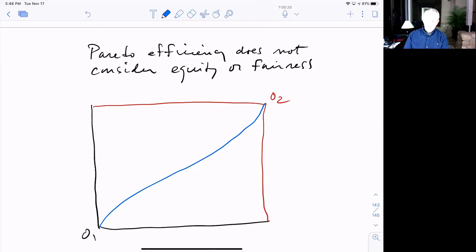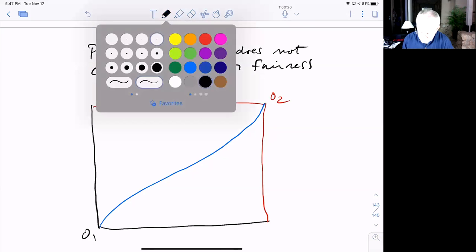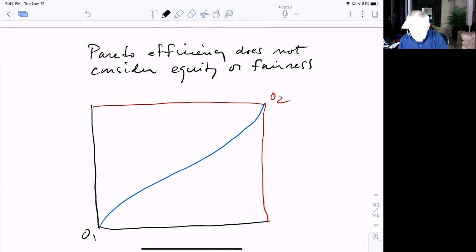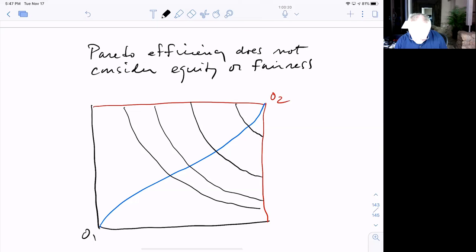And what we're saying is that all these points on the contract curve represent a Pareto efficient allocation in the sense that these are all the points where, let me just put some indifference curves in here, there's a tangency between the indifference curves.